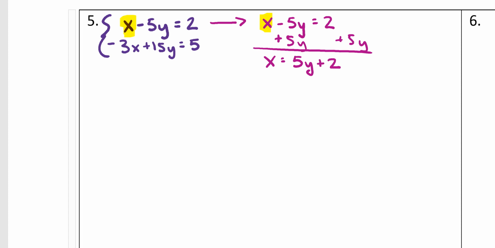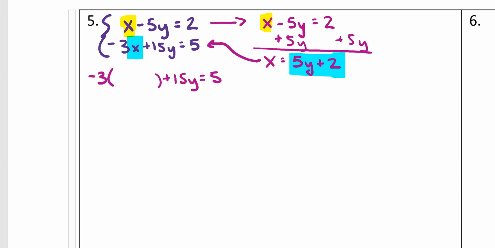So now we're going to take this expression right here and plug it in for this x right here. So that's going to give us negative 3 times something plus 15y equals 5. And that something is going to be 5y plus 2 because that's the highlighting that matches.